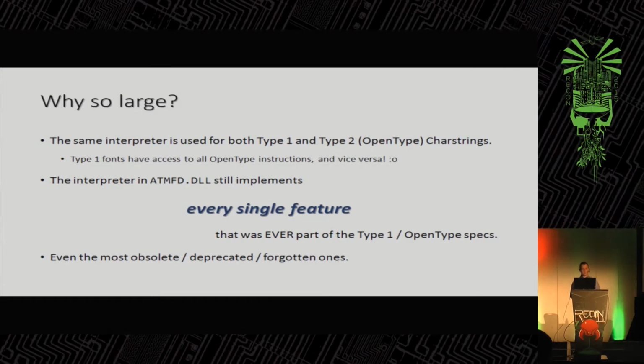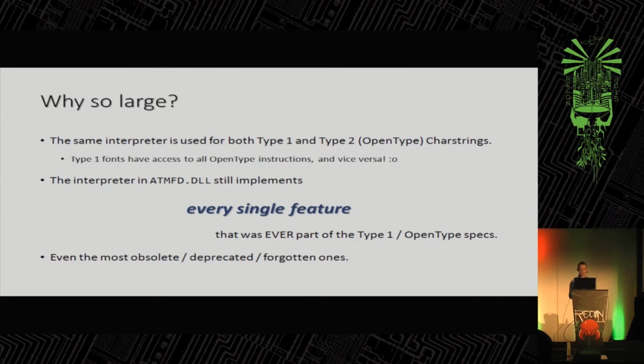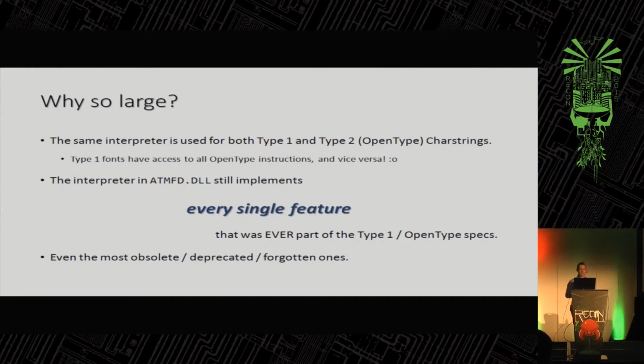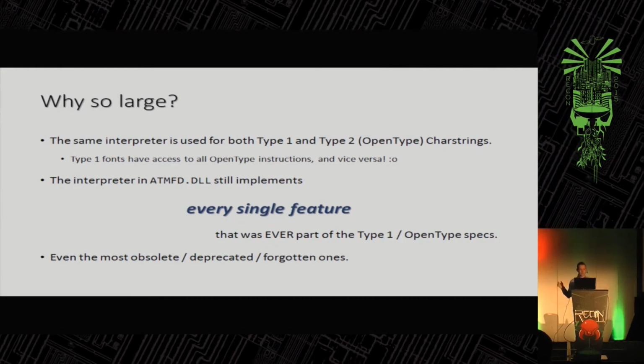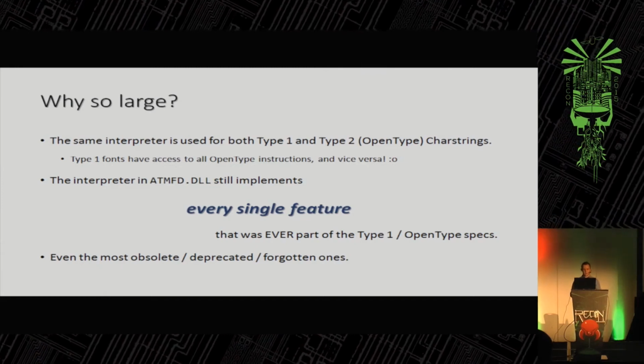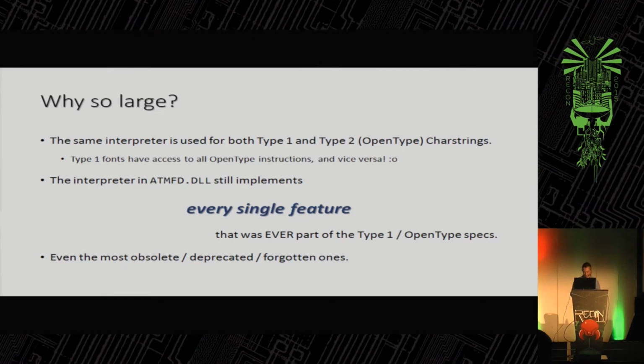And the other thing is that ATMFD actually implements every single feature that was ever part of any of type 1 or OpenType specifications. So even if the given feature was only there for like a year or two and it was long forgotten, ATMFD still supports it. So even the most obsolete, deprecated, or forgotten ones.